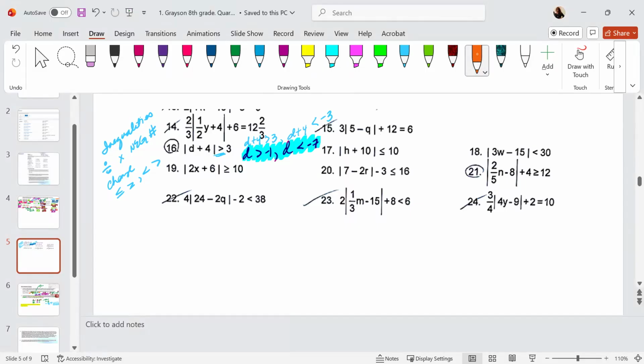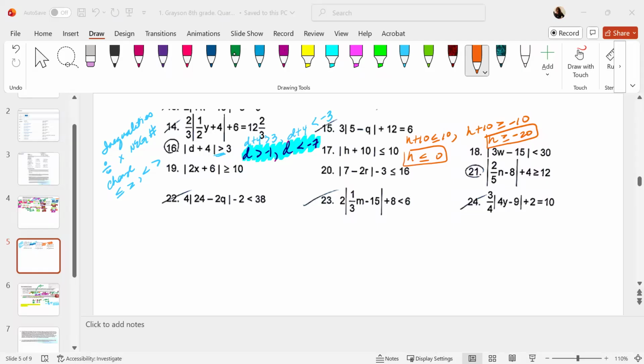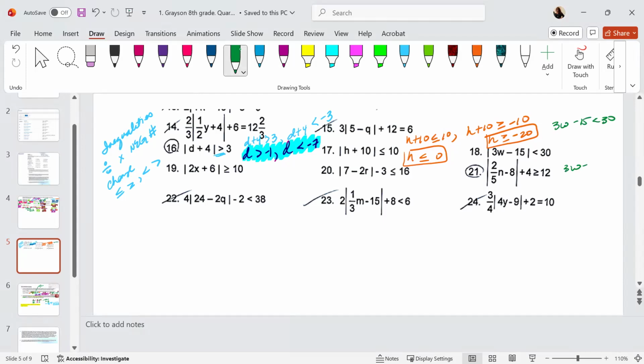Number 17. This is pretty easy. It's not difficult, so solve it. Similar with 18, you have 3w minus 15 is less than 30, and 3w minus 15 is greater than negative 30.